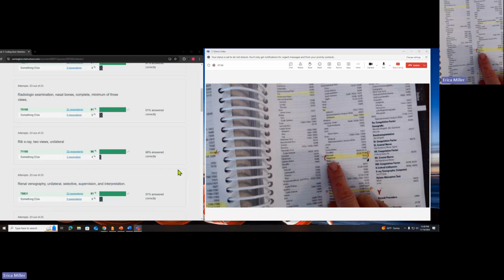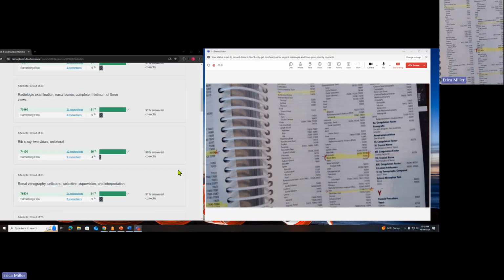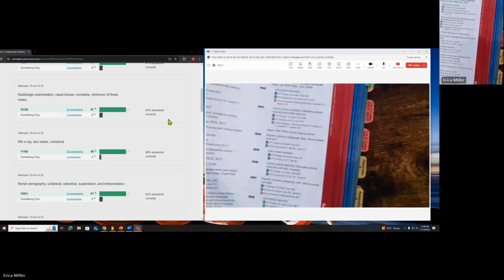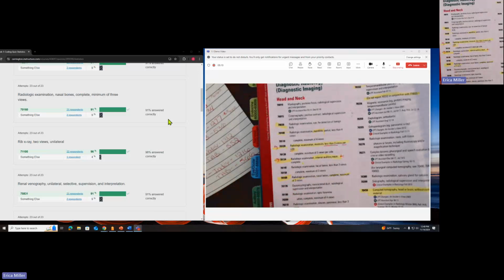There's my nasal bone right there, and it's fortunately again just got one code listed next to it, which always makes it a little bit easier. 70160, and then you're going to take this back over to your tabular section. And there is where we'll find the rest of the information that we need.